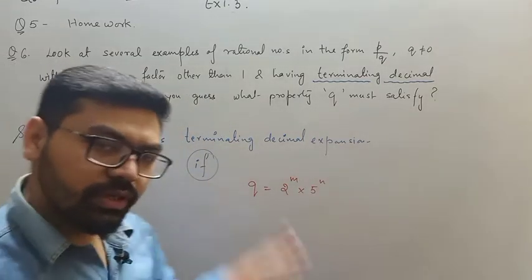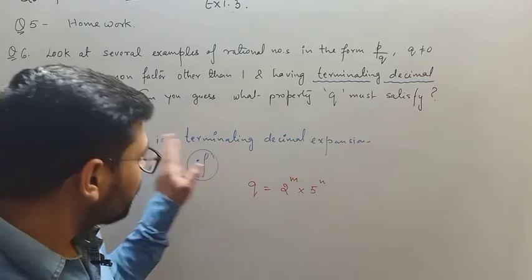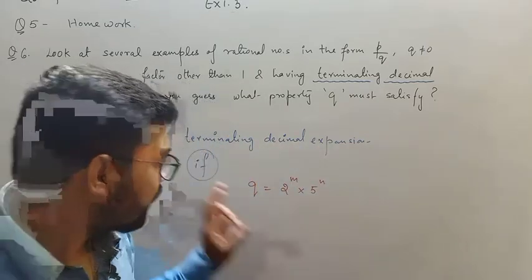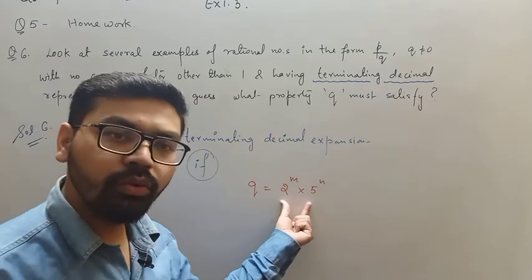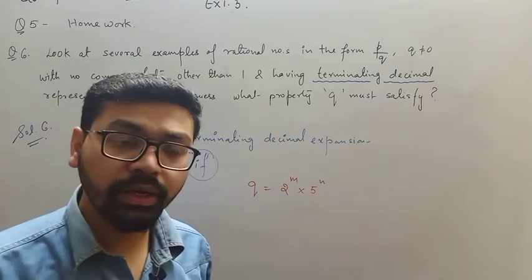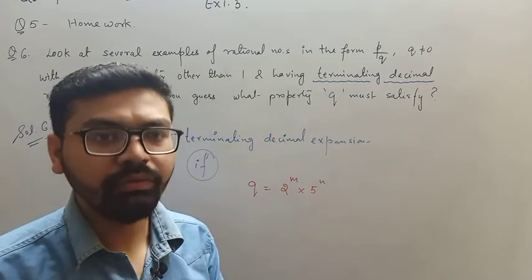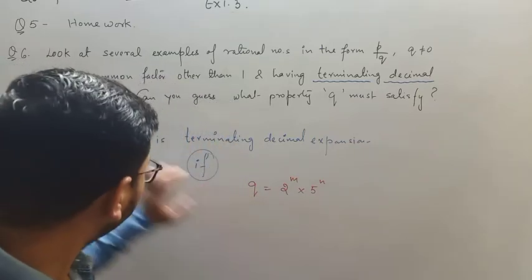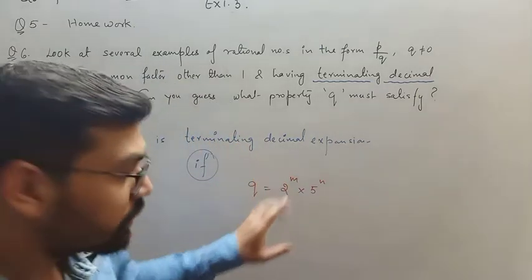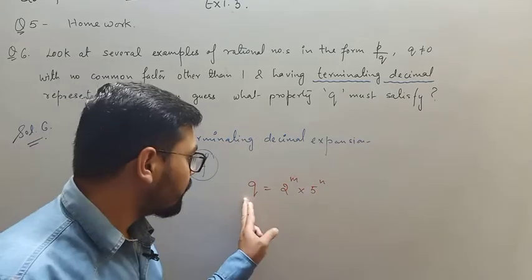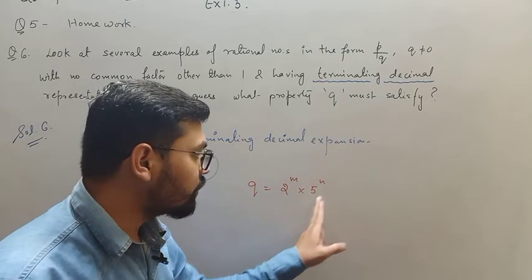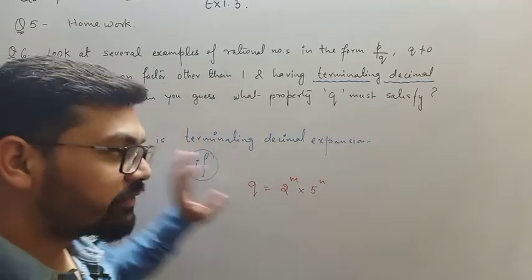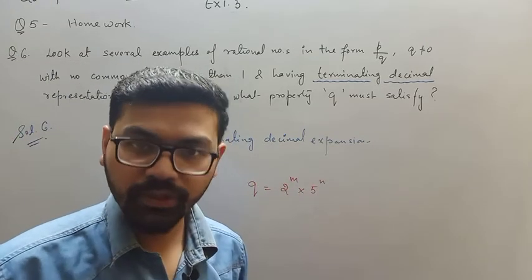P upon Q, which is a rational number, will be a terminating decimal expansion if and only if Q is in the form 2 to the power m into 5 to the power n, and this is the same concept I hope you all have learned in class 8 also. So without dividing any fraction, you can directly check whether Q is in the form 2 to the power m into 5 to the power n. If Q is in this form, then the fraction will definitely be a terminating decimal expansion.